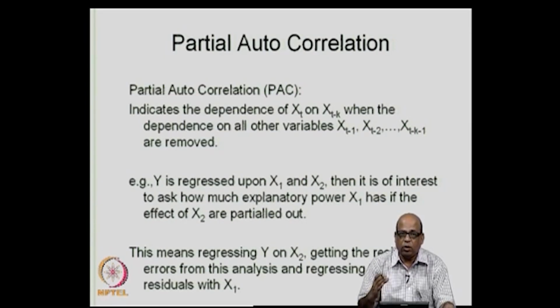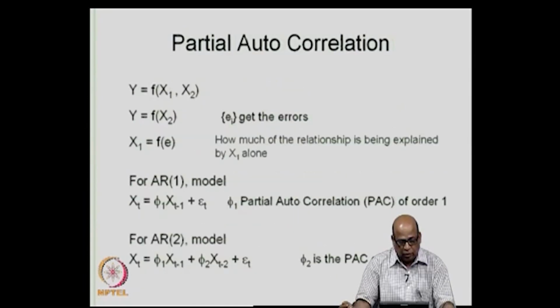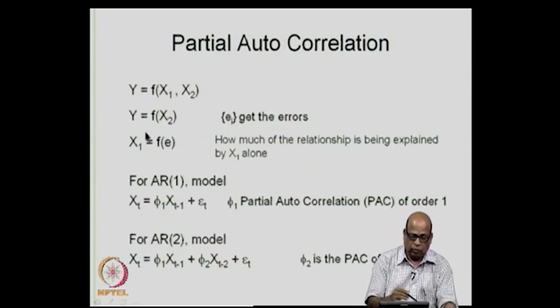Now, the partial autocorrelations are important indicators of what type of ARIMA models we may use for the data that we have, and therefore, we must be able to estimate the partial autocorrelations and infer from them what level of autoregressive terms we may want to use for our models. The partial autocorrelations, this is what I just explained.